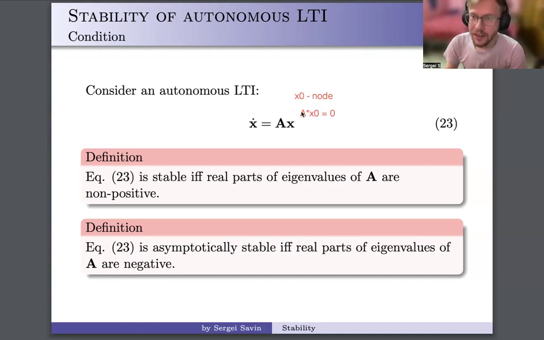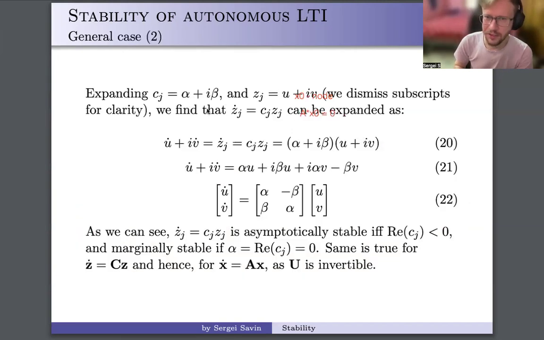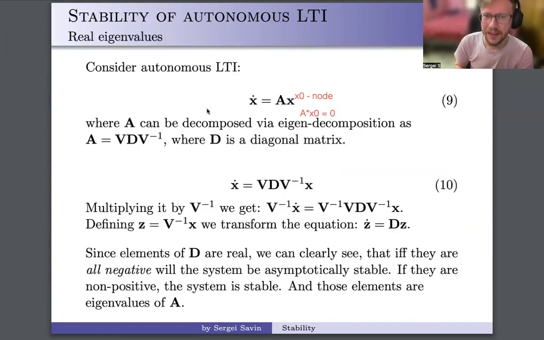Now, if A has strictly negative real parts of eigenvalues, let's assume that it has real eigenvalues, so strictly negative real eigenvalues, it means that A would be represented as a full rank matrix times a full rank matrix times a full rank matrix. So A is full rank itself.